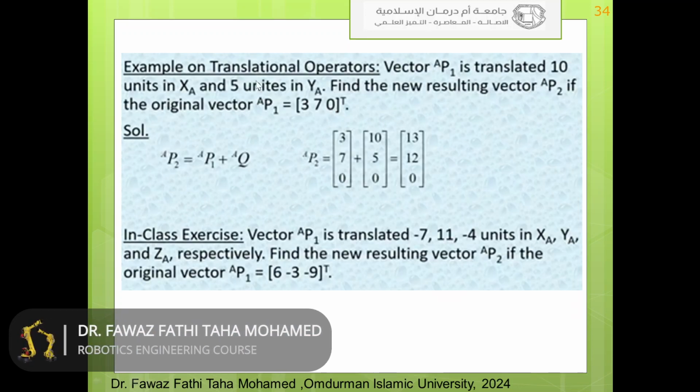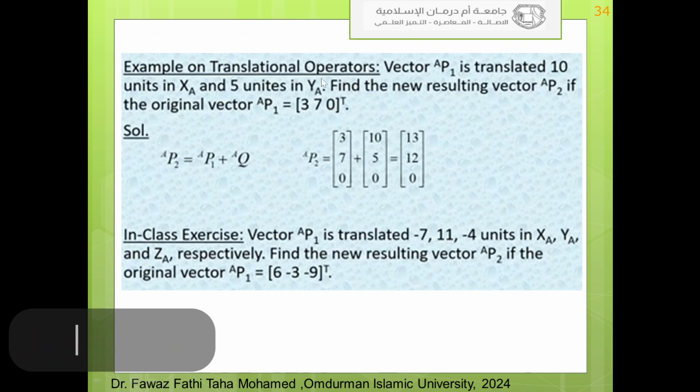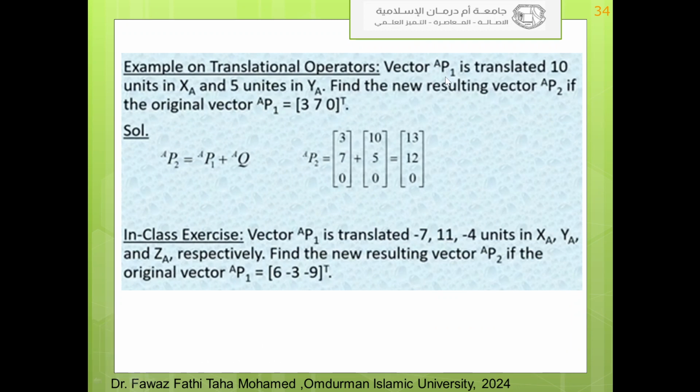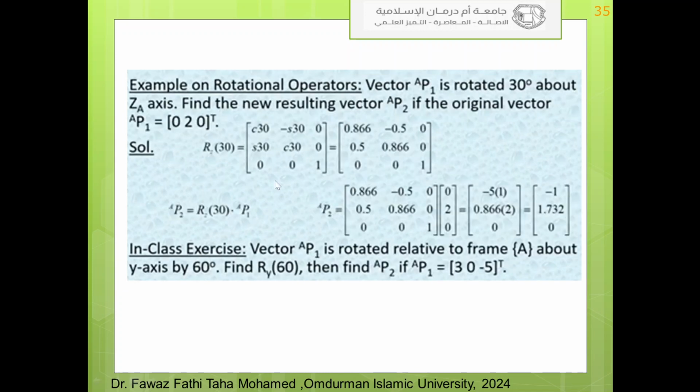Here is an example on translation operators. Vector P1A is translated 10 units in XA, 5 units in Y. Find the new resulting vector P2A. We will just add the translation vector. Also we have a class exercise.